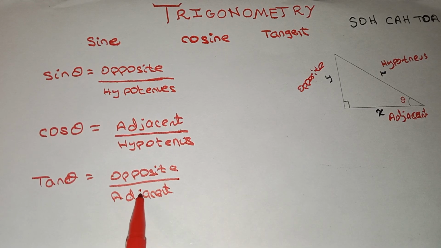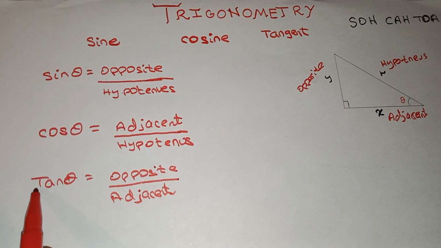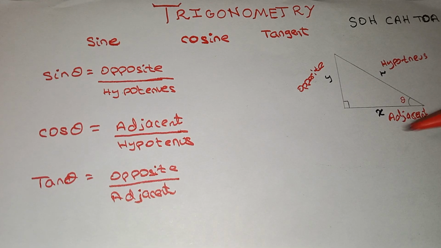Okay. Now I will explain what this is. Sine, cosine, and tangent. We will go through this right angle triangle diagram, look through it, and then implement it. We have now identified the sides: what is hypotenuse, what is adjacent, and what is opposite.